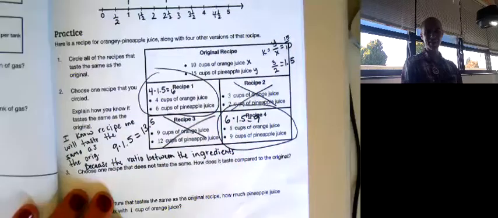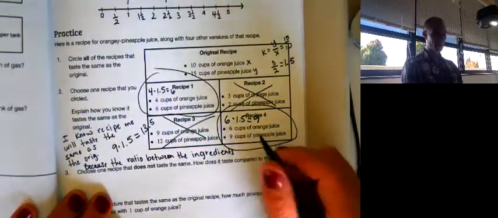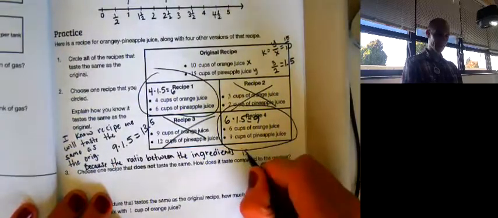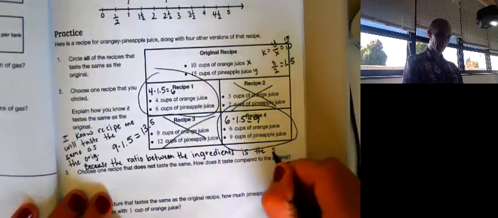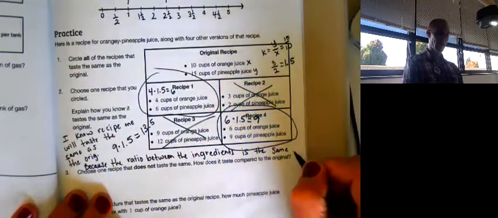Now I drew a circle on this area too. I should have planned how I was gonna circle and show my work so I wouldn't have such messy work here. Because the ratio between the ingredients is the same. I should write the same as the original, but I'm kind of out of writing space.